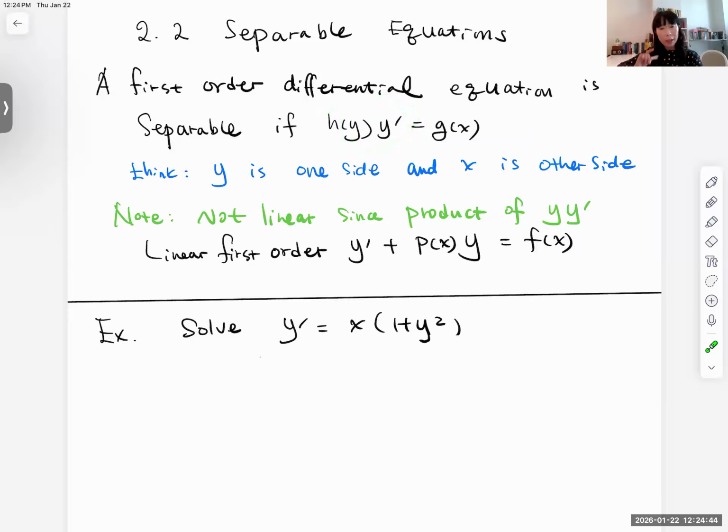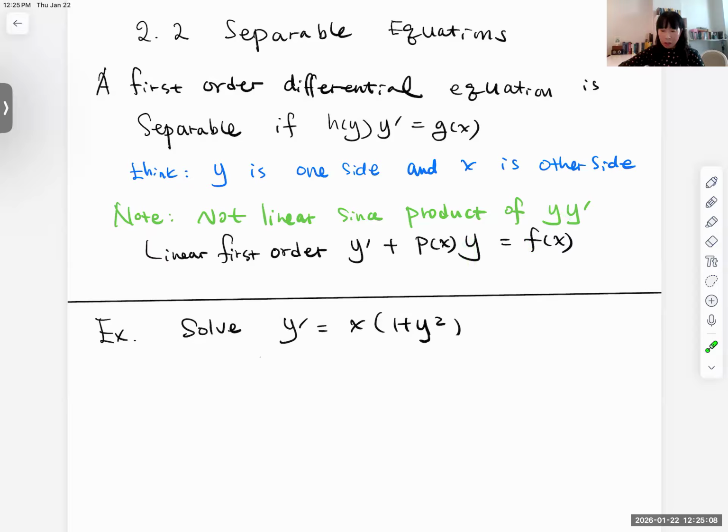So how do you know a linear first order? We did that a couple of times already, right? The linear first order form is y prime plus a polynomial times y equal to f of x.